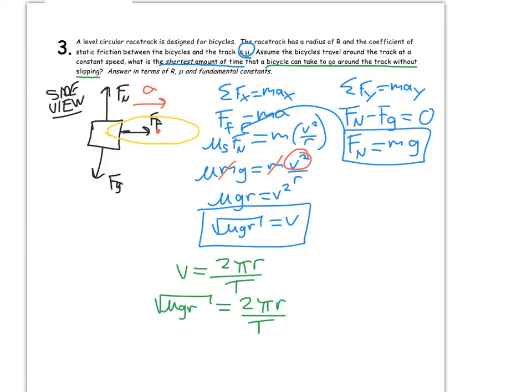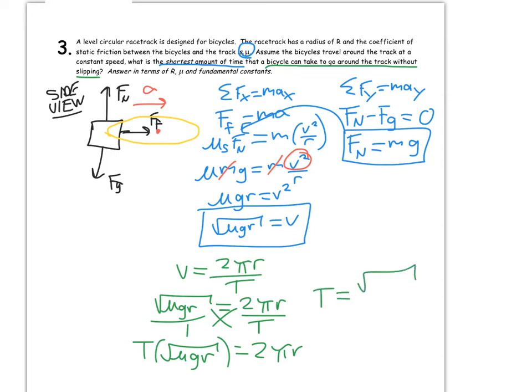And that's what I'm ultimately looking for. I'm just going to rearrange this equation by cross multiplying first of all. So I get t times the square root of mu gr, and that's equal to 2 pi r. And then I solve for t, and I get that t is 2 pi r over the square root of mu gr.